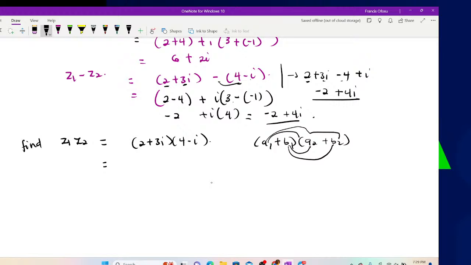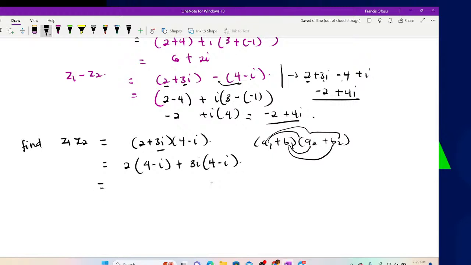It's the same thing we do here. So the first thing to do is you take the 2 here, open bracket, multiplying 4 minus i, plus the 3i here, open bracket, multiplying 4 minus i. At this point, we call this decomposition. So we've decomposed this to give us this.